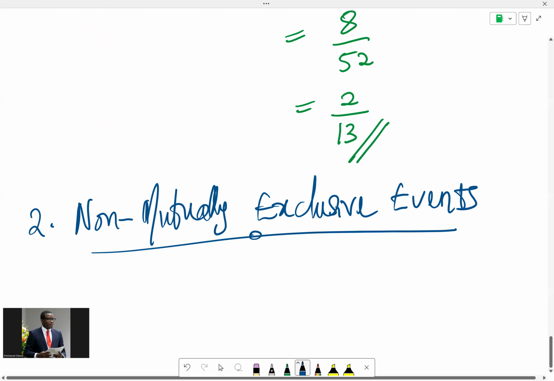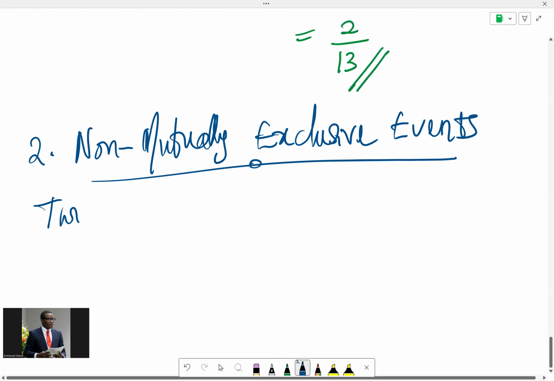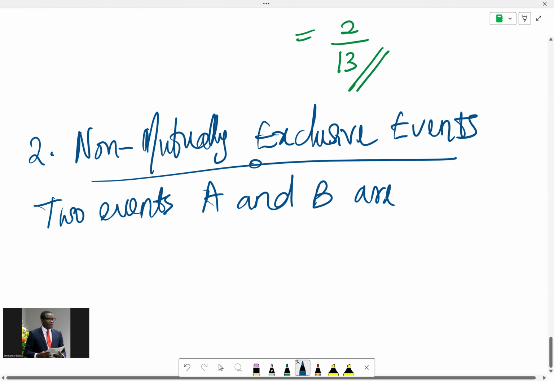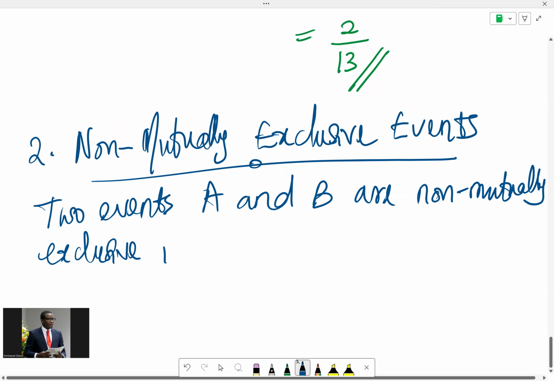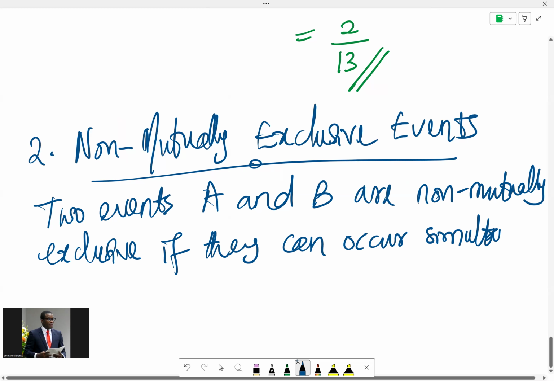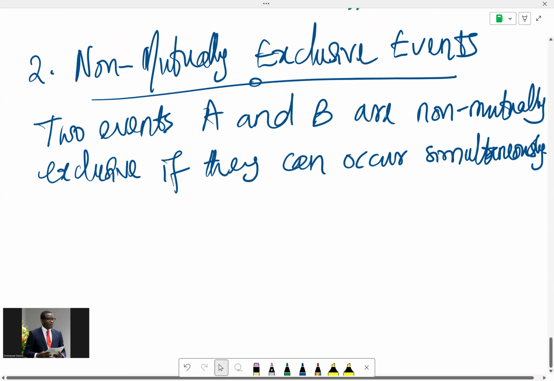So for non-mutually exclusive events, we say two events, A and B, are non-mutually exclusive if they can occur simultaneously, or they can overlap, right? They can occur simultaneously or they can overlap.